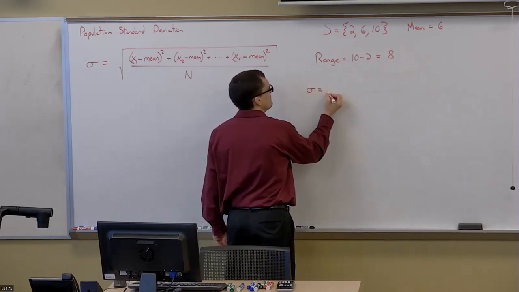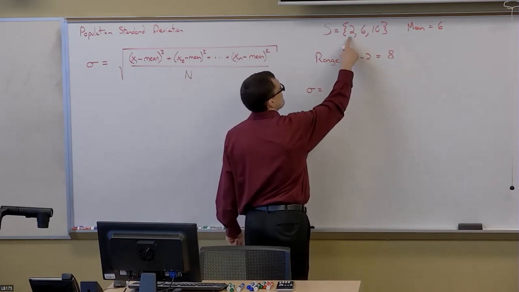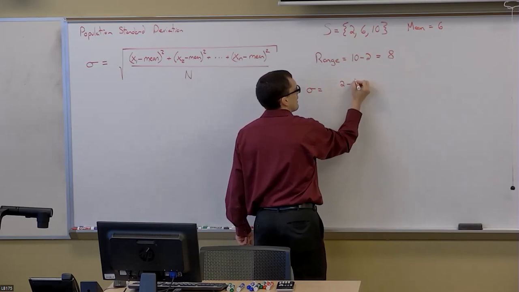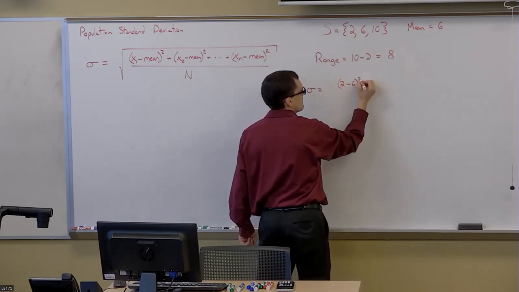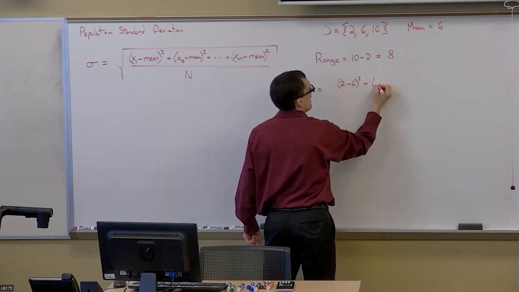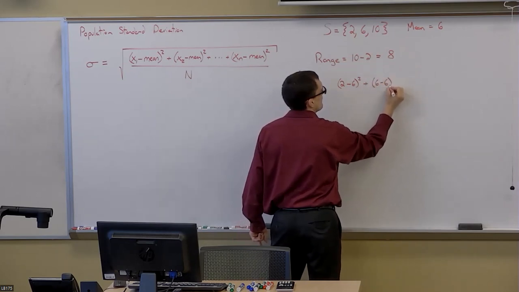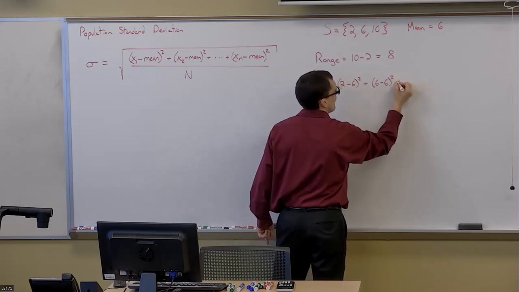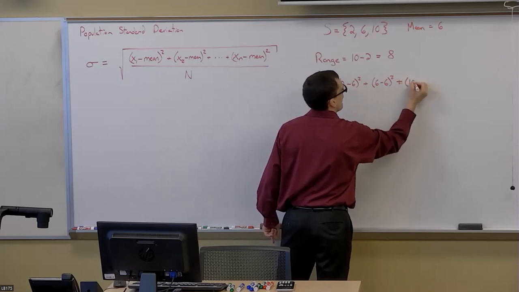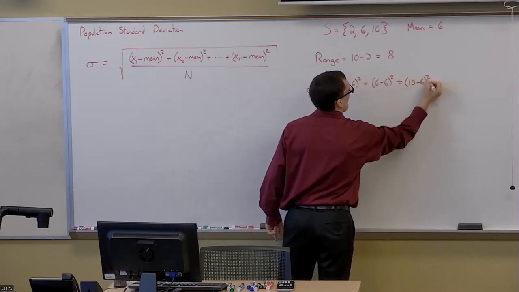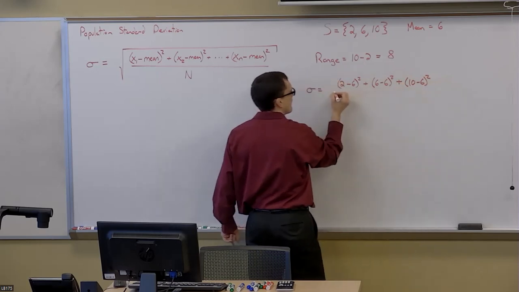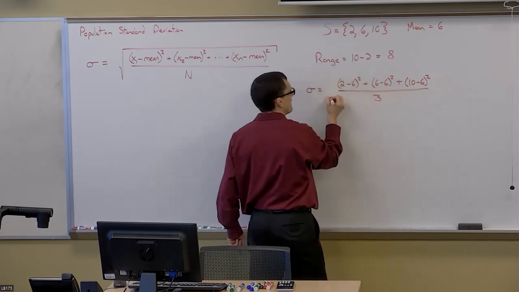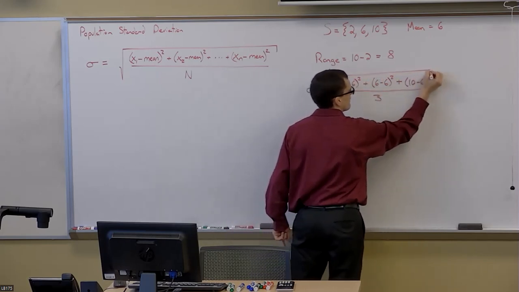Standard deviation, we're going to take each value and figure out how far away from 6 it is, and then square that number, and then add them all up. After I add those all up, I'm going to divide by 3, and then I'll take a square root of the whole thing.